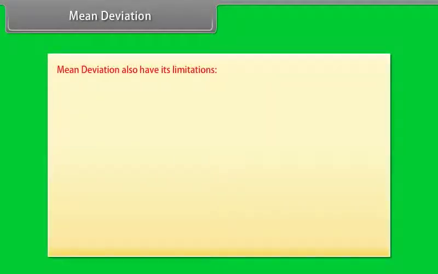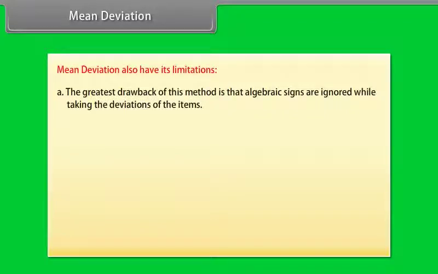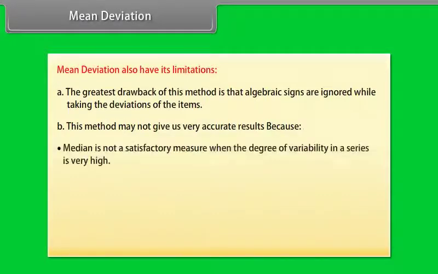Mean deviation also has its limitations. The greatest drawback of this method is that algebraic signs are ignored while taking the deviations of the items. This method may not give us very accurate results because the median is not a satisfactory measure when the degree of variability in a series is very high.